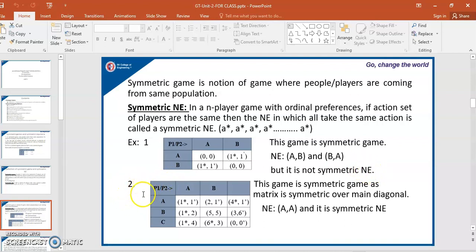If you come to the second game, it is again symmetric about the main diagonal, and if you apply best response to find the Nash equilibria, in this case you have the Nash equilibrium AA, and in this Nash equilibrium both players' actions are the same, so it is said to be a symmetric Nash equilibrium.